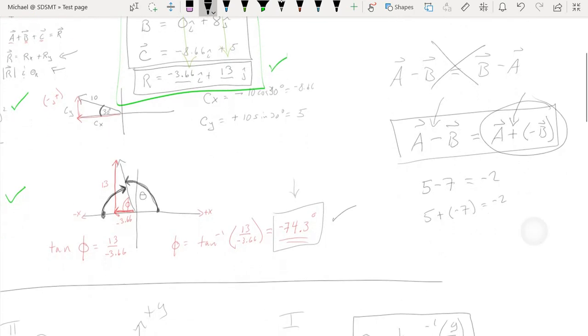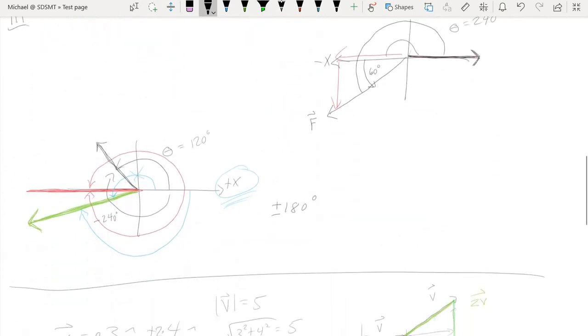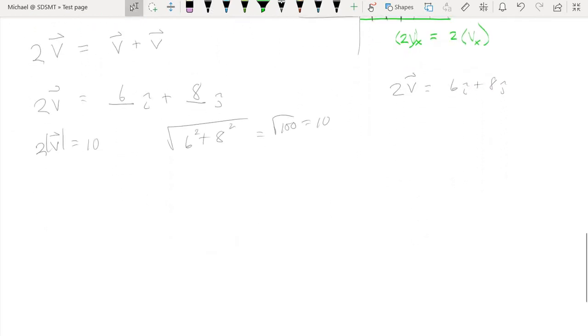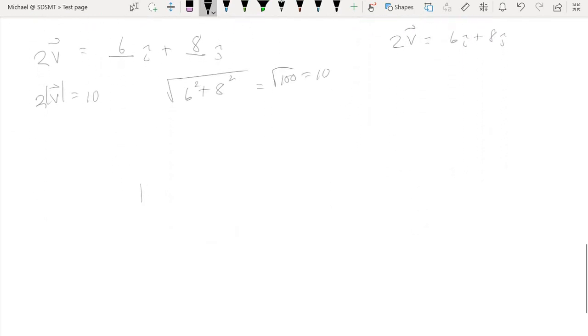The only thing that we need to do is figure out what a negative vector is going to look like. Well, we'll take the idea of our scalar multiplication, and let's see what happens.